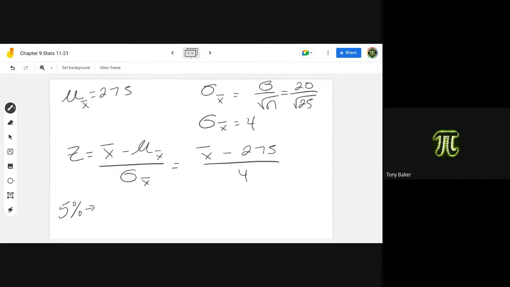So it's going to be on the minus side, and we're looking for 5%. So 0.05. So negative 1.65.